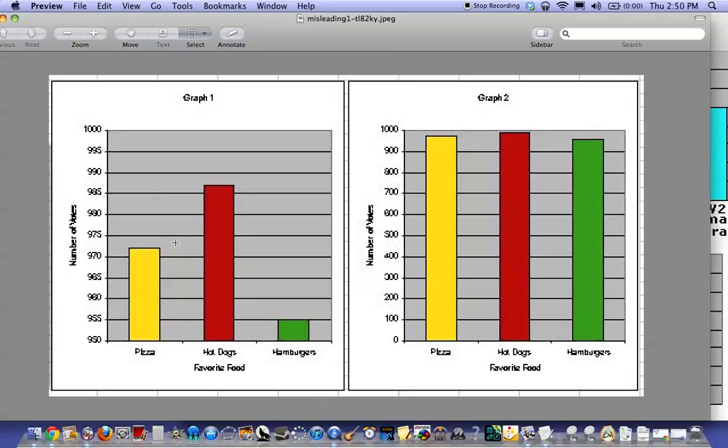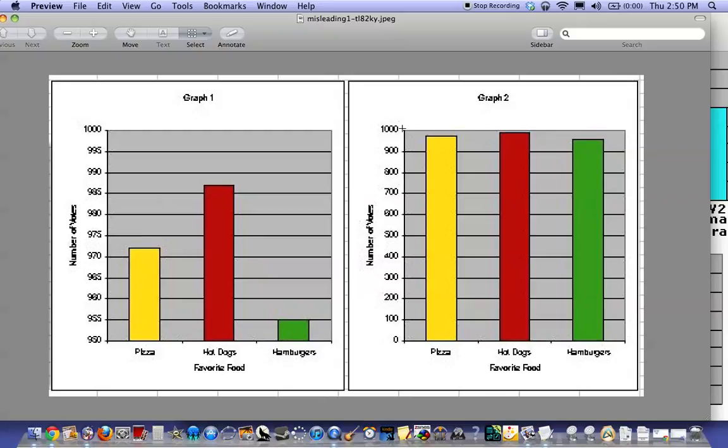So that space between pizza and hot dogs is roughly 35 to 40% of your graph, whereas over here, that 15 votes isn't going to be nearly as much because you're going from 0 to 1,000, so you have 1,000 intervals.